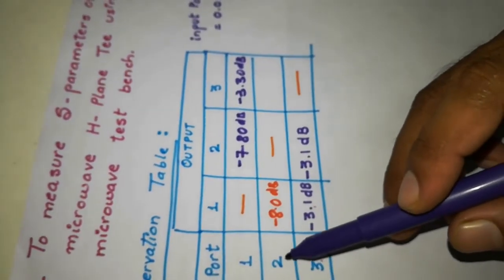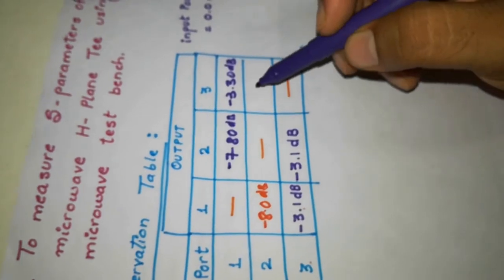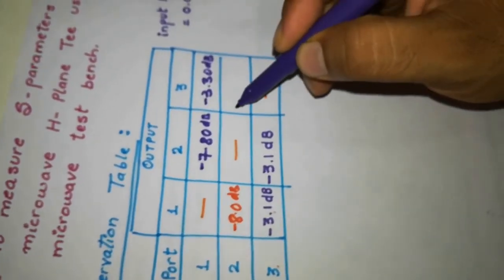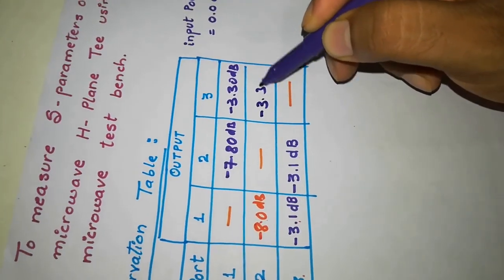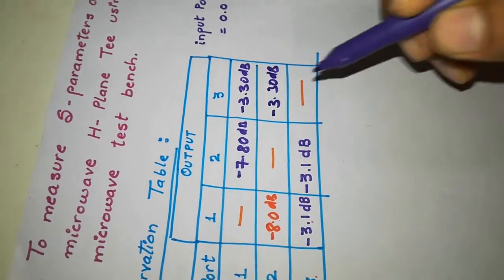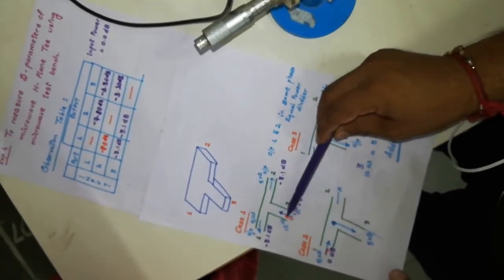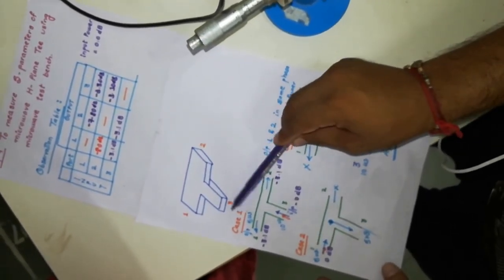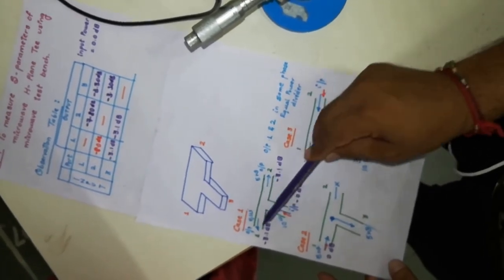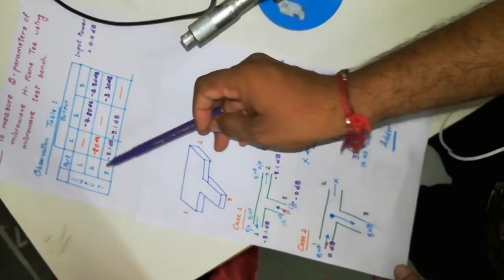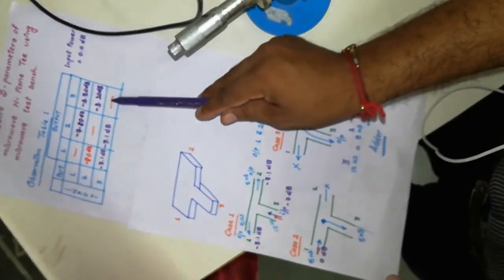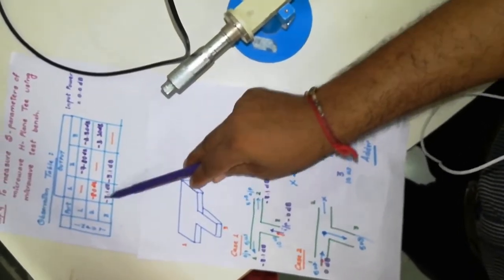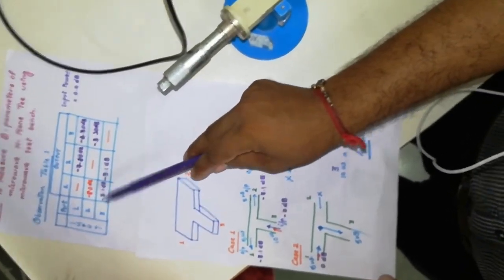So in this experiment we have seen that when we give power to port number 3, the H port, the power is divided equally in the adjacent arms.